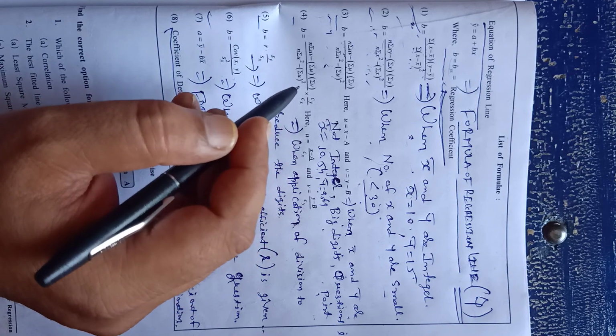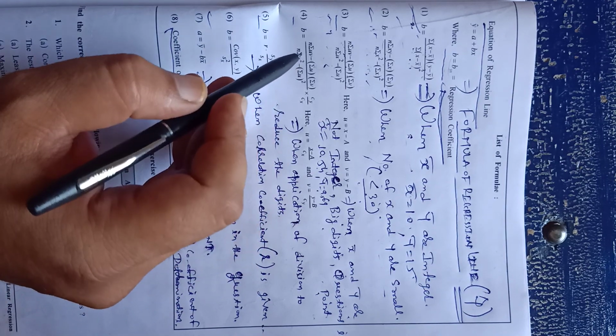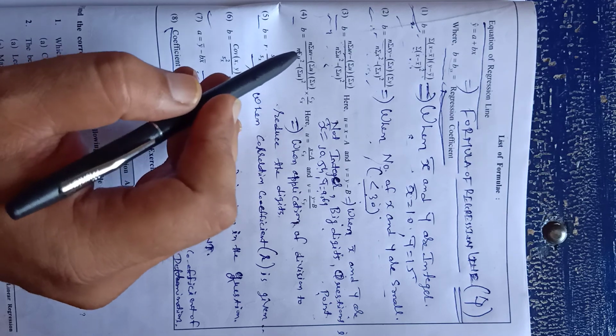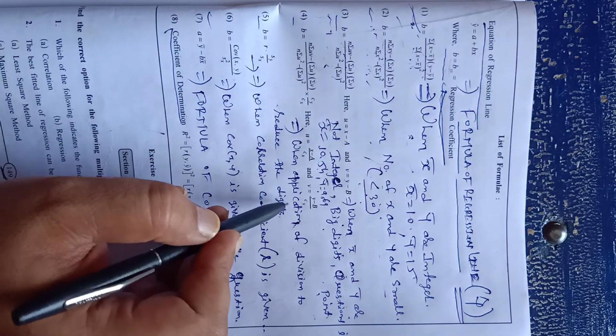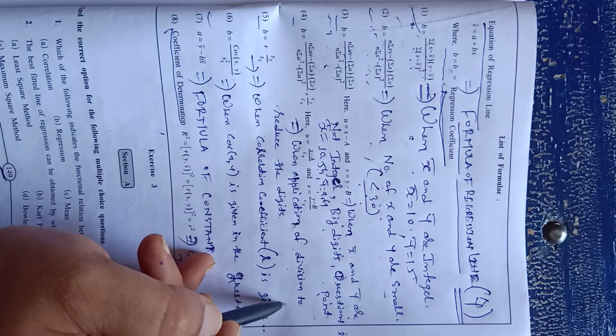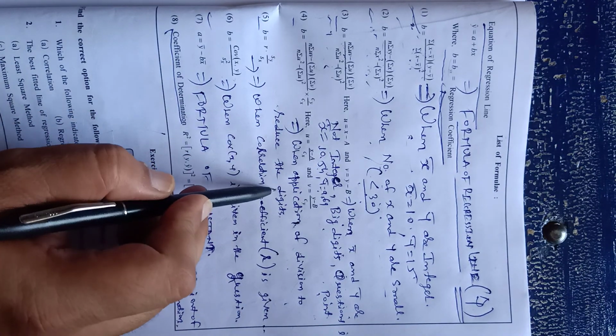The next formula of the regression coefficient, that is B. The situation is when we apply division to reduce the digits.